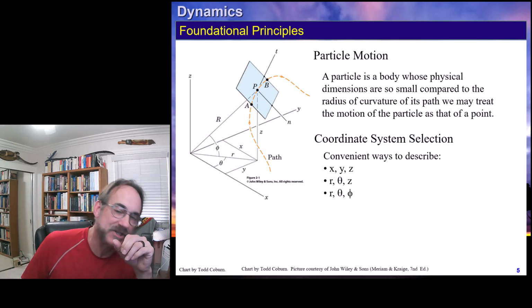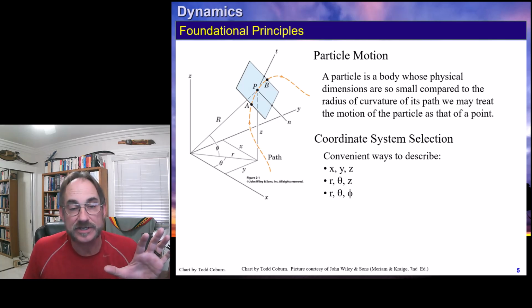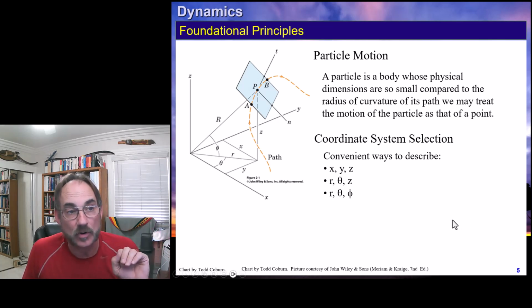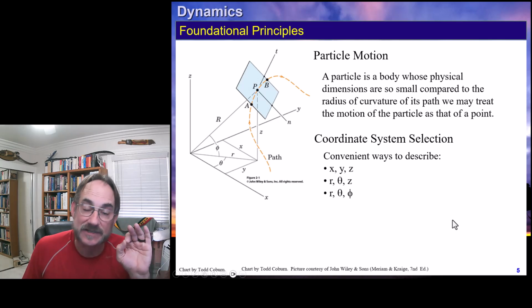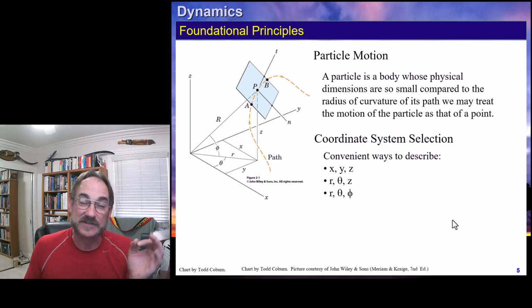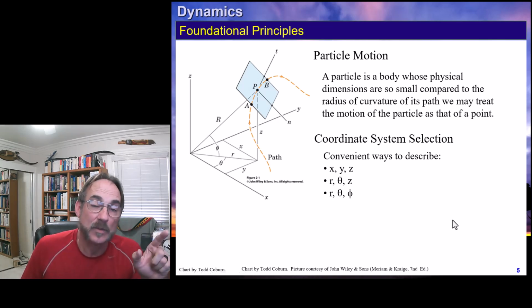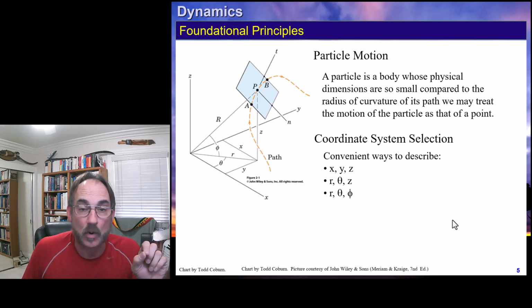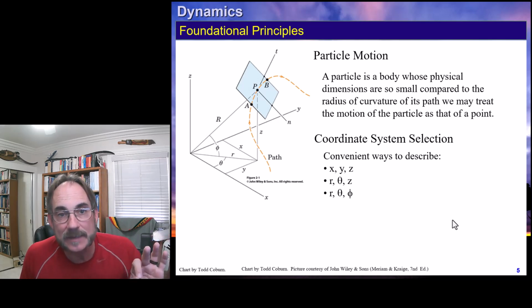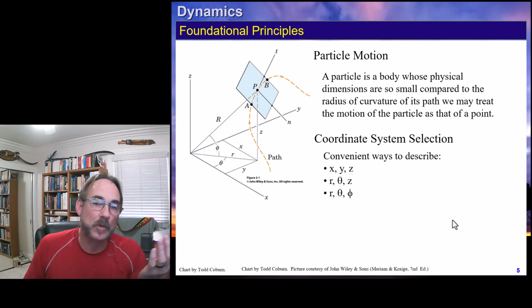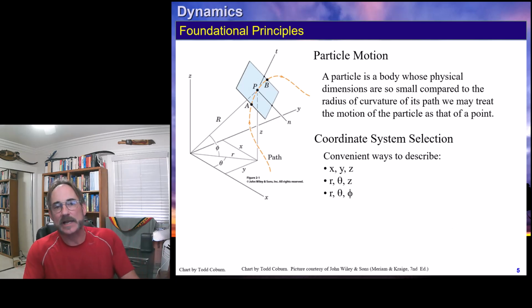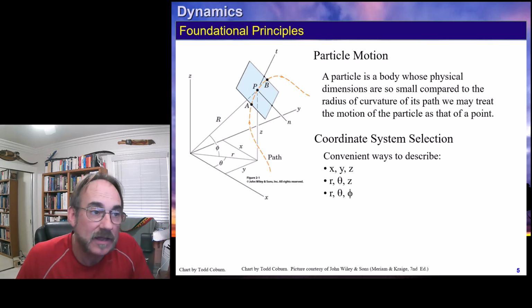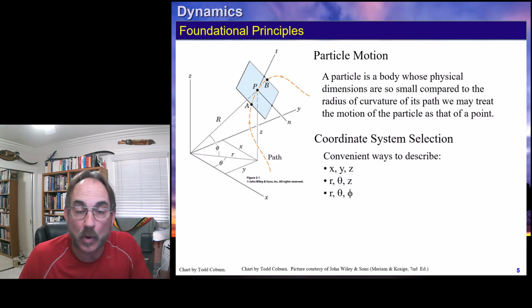When we start getting into space we'll need cylindrical or spherical coordinates, and certain kinds of problems lend themselves to easier solutions with those. You as students will typically be more comfortable with rectangular coordinates, and we tend to shy away from polar and spherical coordinates.